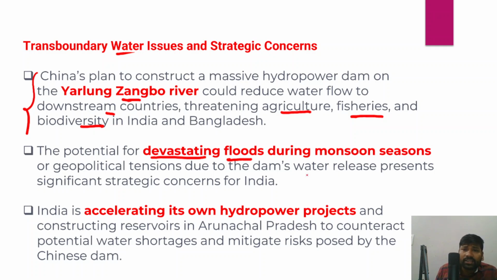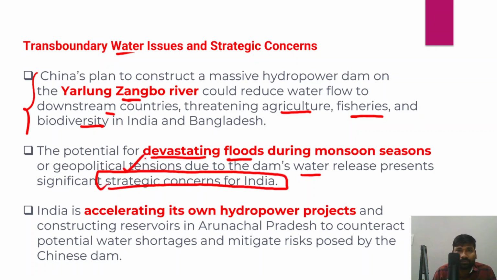The dam's water release presents a significant strategic concern for India in future, right? So we could say that this is part of China's assertive move. And in fact, India is also accelerating its own hydropower projects in a number of states, particularly in the northeastern part of India, to counteract potential water shortages and also mitigate the risks posed by the Chinese dam.